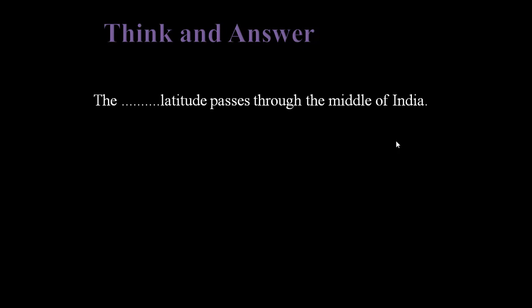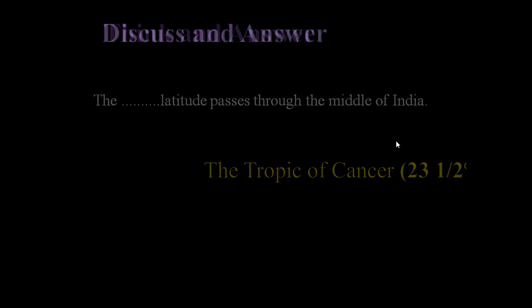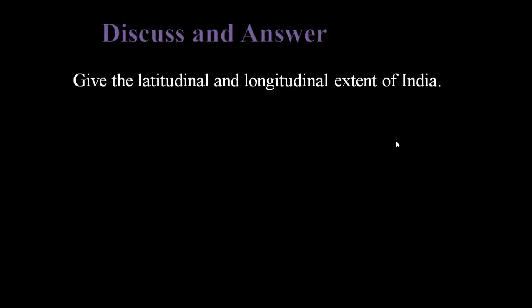One more question: the dash latitude passes through the middle of India. Yes, the Tropic of Cancer with 23.5 degree north latitude. Discuss and then answer: give the latitudinal and longitudinal extent of India.